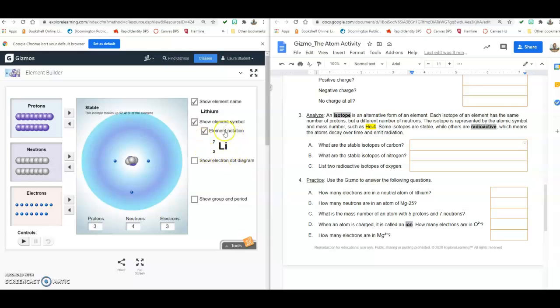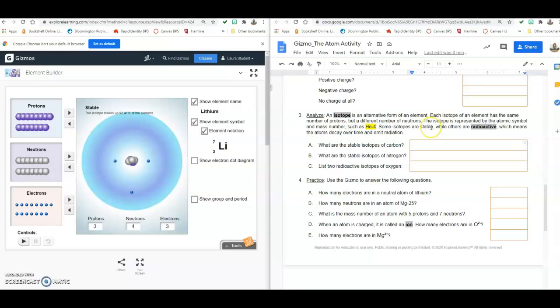Okay, so if we look at the element notation, you're going to use the atomic symbol, and then you're going to put the mass number that you see in the upper left-hand corner after the atomic symbol to label a specific isotope of an element.